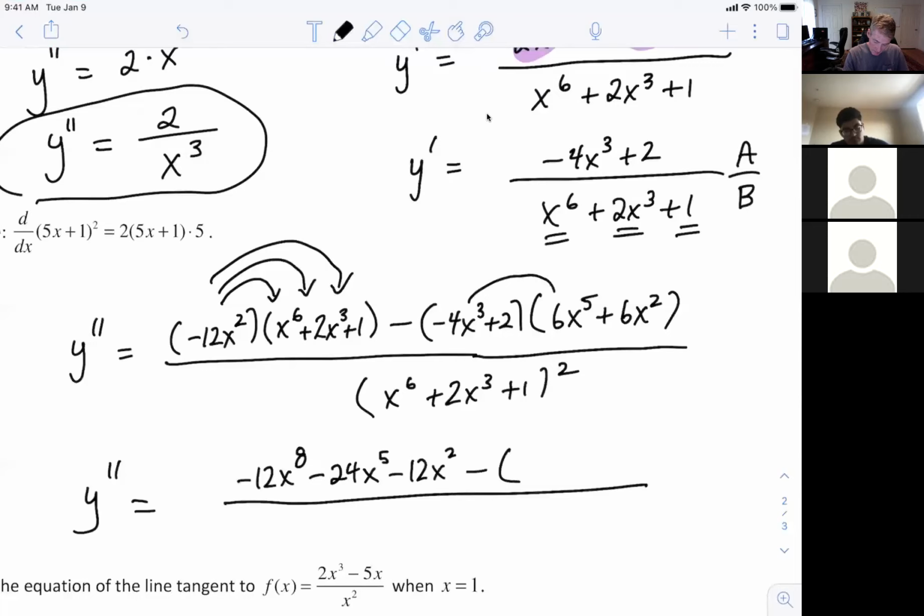And then multiply these. So I'm going to just keep the negative right there in front of the parentheses and just worry about multiplying what's in the parentheses.